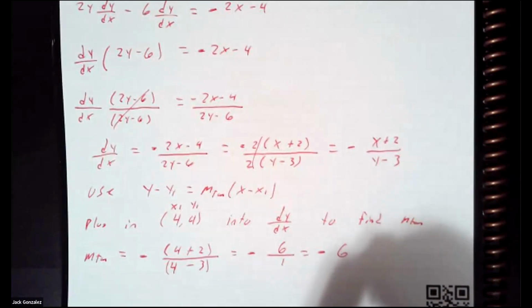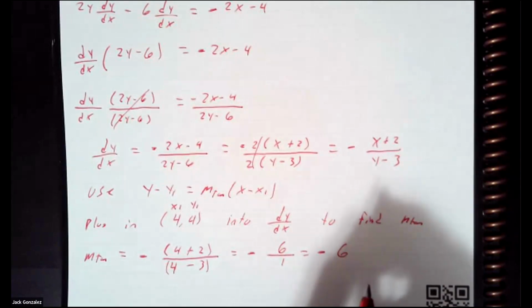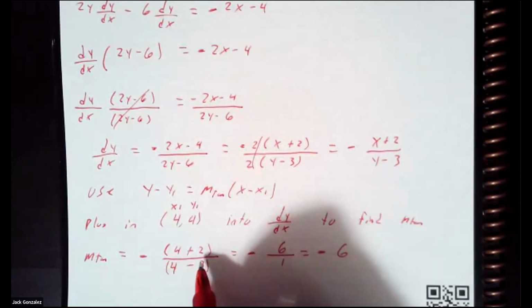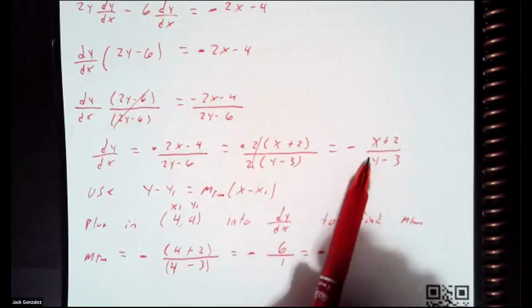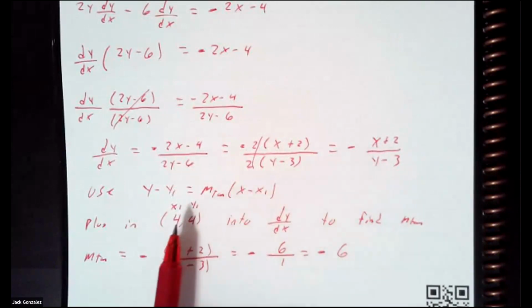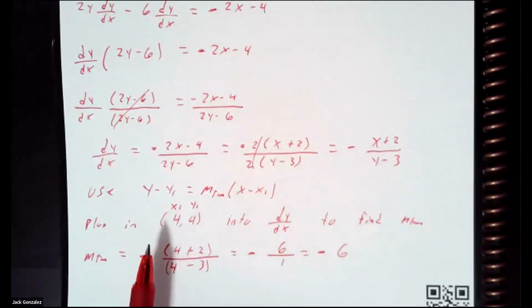You guys still with me? How did you get 4 plus 2 over 4 minus 3? Is there a specific formula? Oh, you're asking where this came from? Remember, instead of x and y, we put 4 and 4.